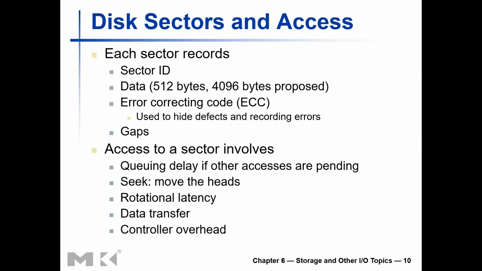So access to a sector involves queuing delay if other accesses are pending. So who is accessing? The processor and the memory management unit will do the accessing to the disk. So that involves the contribution from hardware and operating system.